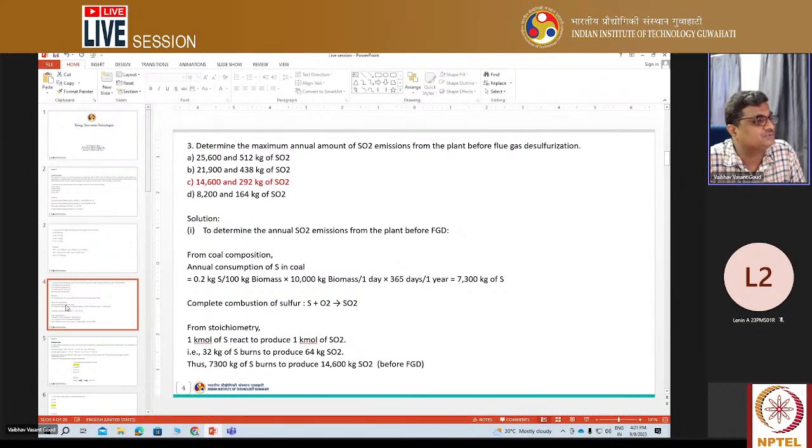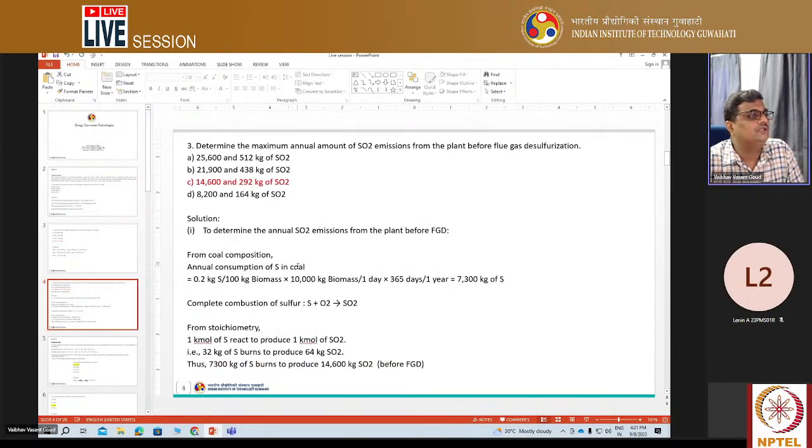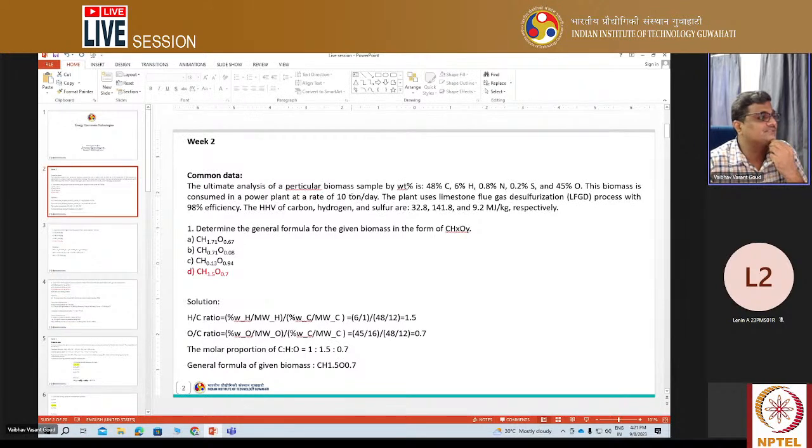And also we solved one example on this, if you remember. So it is very simple because the annual consumption of sulfur in the coal is given in the example itself, right? It is 0.2, okay, per 100 kg of the biomass, and we have to calculate on a per 10 ton per day basis.